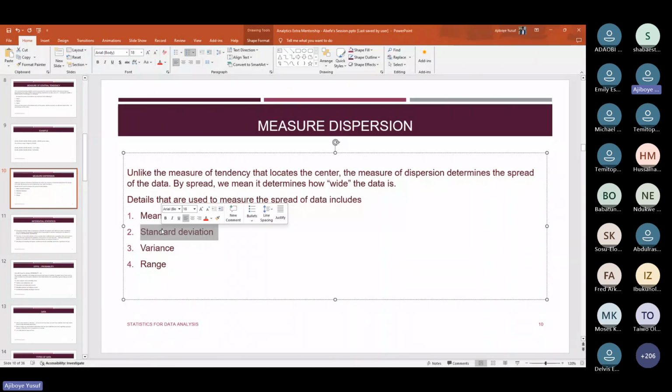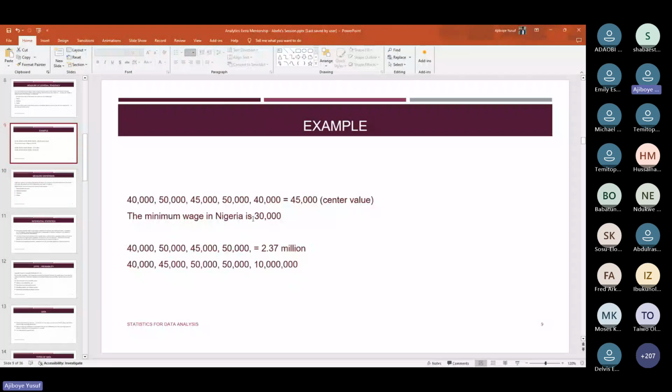So if the mean is like 3, the next value can be like 100, the next can be like 200. The values are very far from the center. But if you have a low standard deviation, it means that the values are very close to the mean. If you go back to this example, this data set is going to have a very small standard deviation compared to this one.